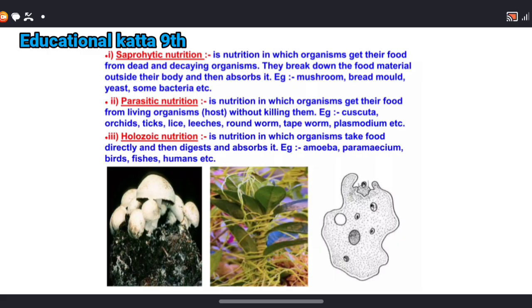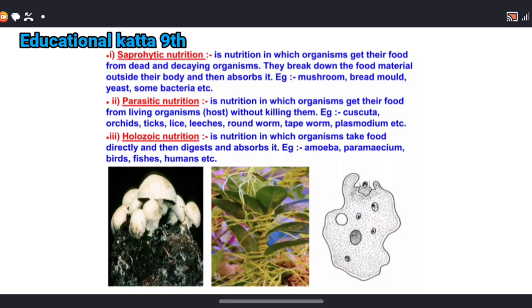Example I'll tell you: cuscuta, orchid sticks, leeches, lice, roundworms, tapeworms, plasmodium, etc. These are the organisms which live on other living organism but do not kill them, just absorb nutrition.